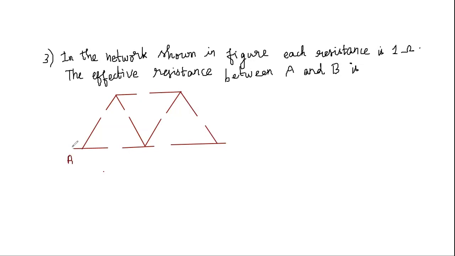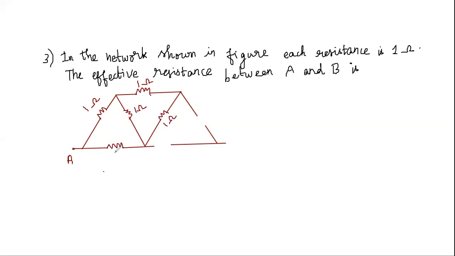This node is A, and here you have 1 ohm. And here also you have 1 ohm. Here you have another 1 ohm. Here also 1 ohm.